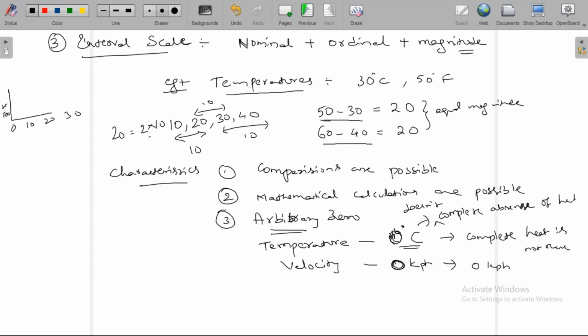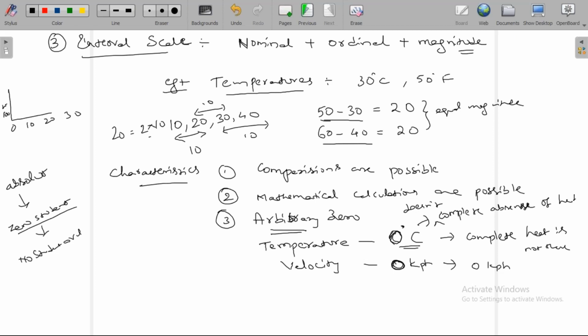And what are the characteristics? This gives a tick mark to everything. In our previous scales we had some things lacking. For example, in nominal scale comparisons were not possible, but for the ratio scale comparisons are possible.